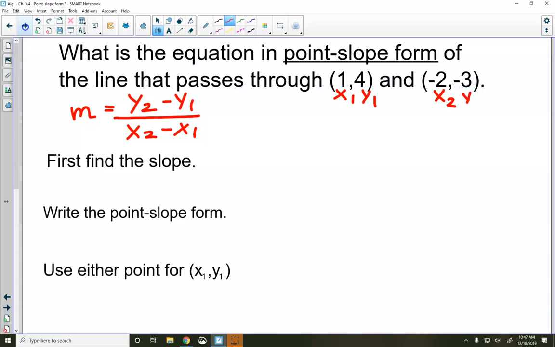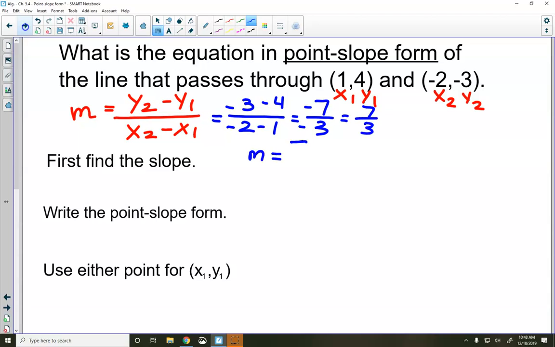This is x sub 2, y sub 2 because it is the second. So we would get -3 minus 4 over -2 minus 1. -3 minus 4 is -7. -2 minus 1 is -3. And that would simplify to be 7/3. So the slope is 7 over 3.